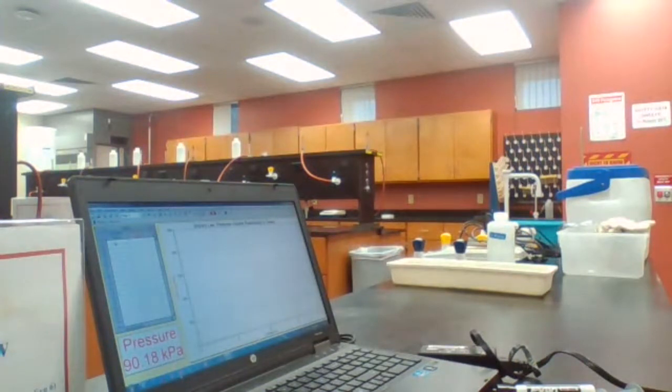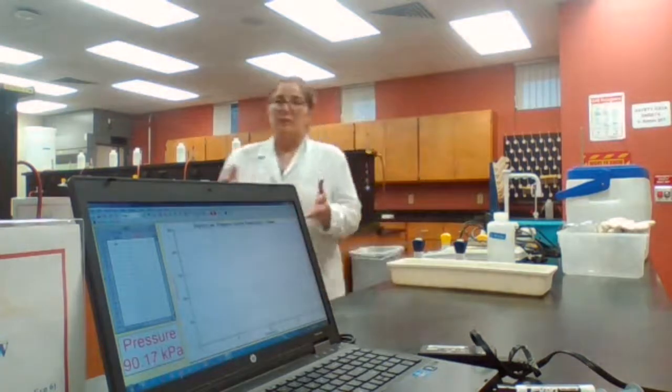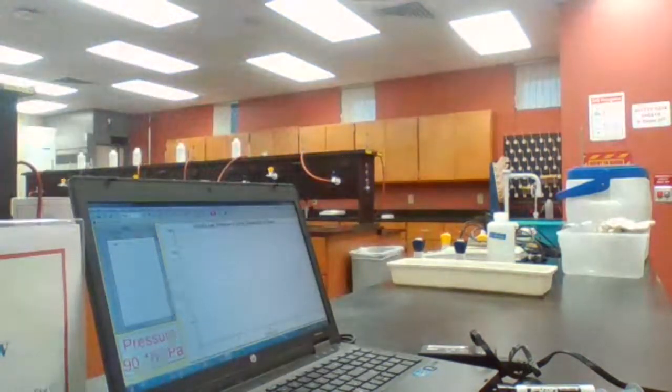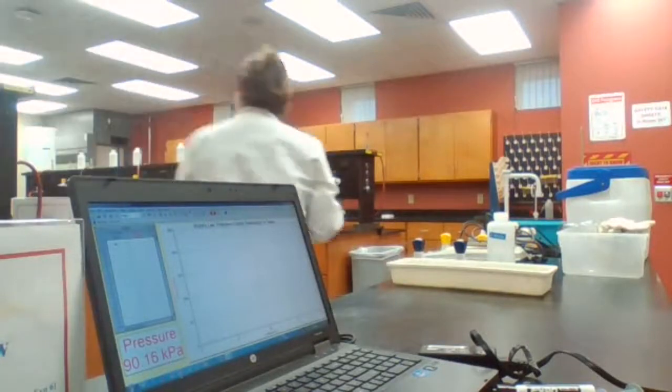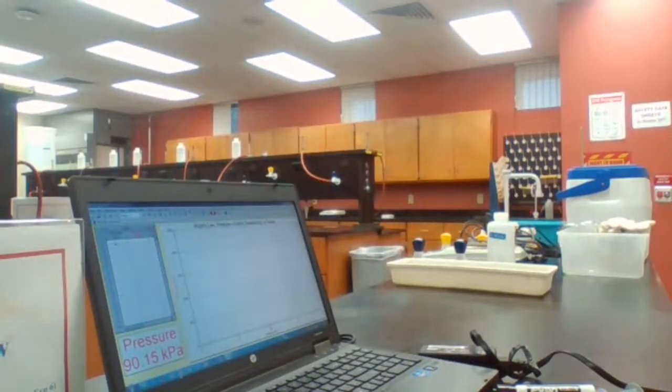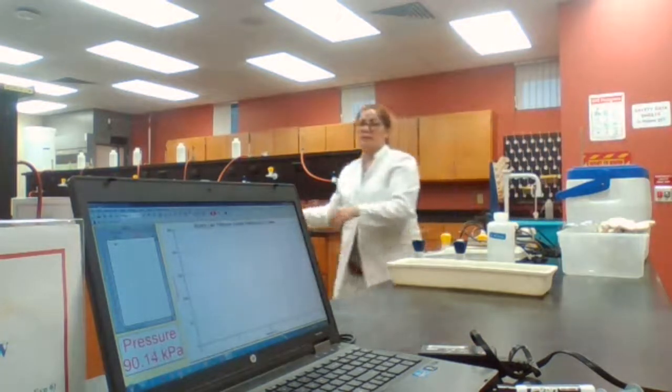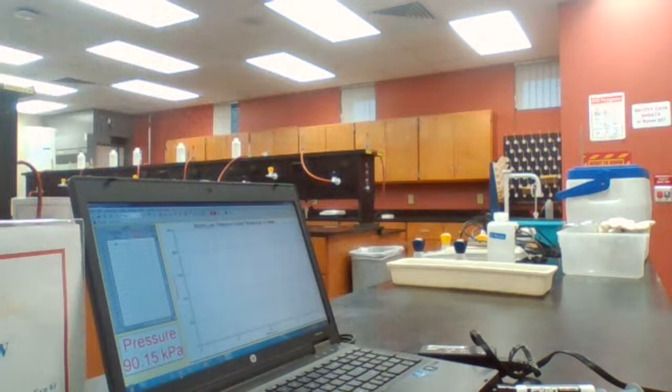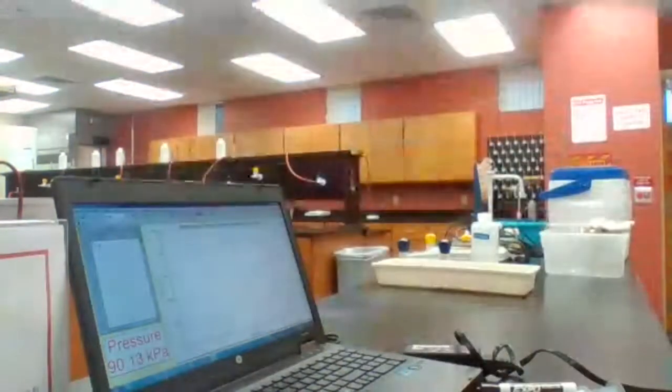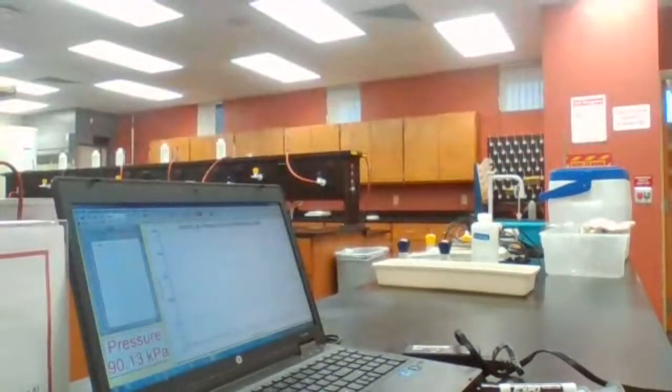For the effect of temperature, I'm going to bring the cart because I have to move the computer. How many wires? Okay.